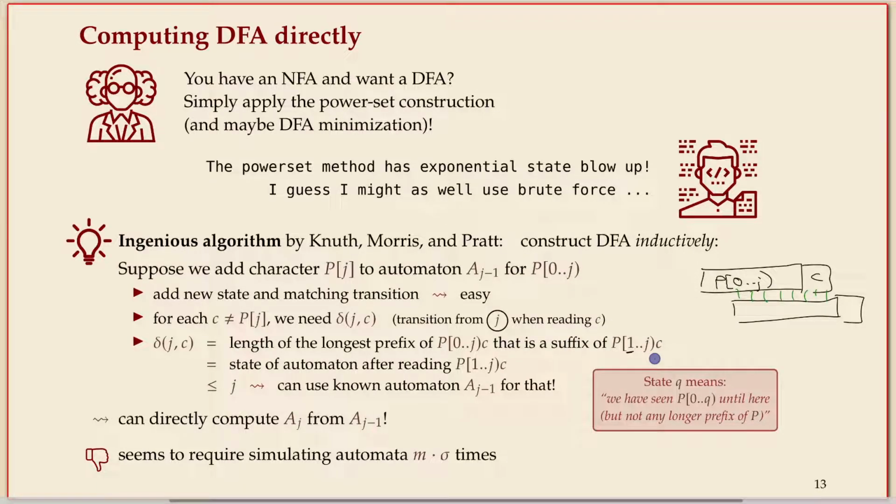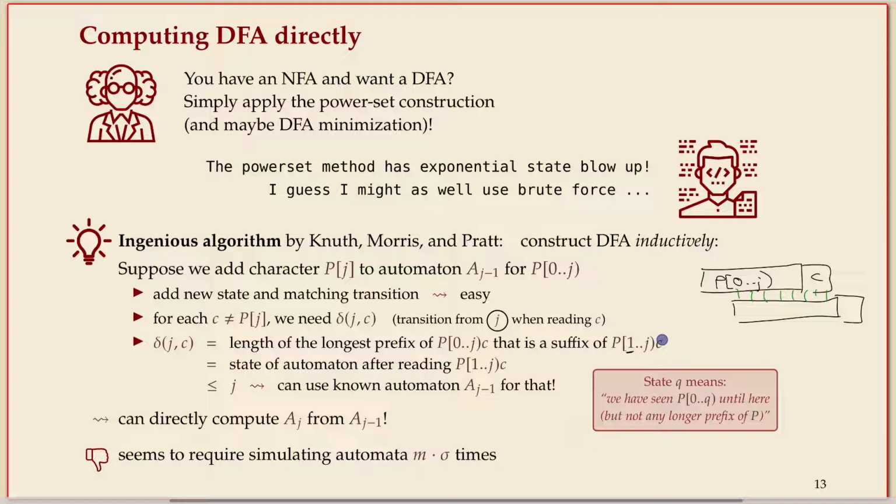But we know we have an automaton for the one shorter pattern, and it will have to react to any kind of string in some way, and we know in what way because we know what the states mean. So if we feed the automaton that we already have with this string where we omit the first character, it will have to end up in some state, and that state will not be more than J. If it was more than J, it would be J plus 1, and that would mean that C is the next matching character.